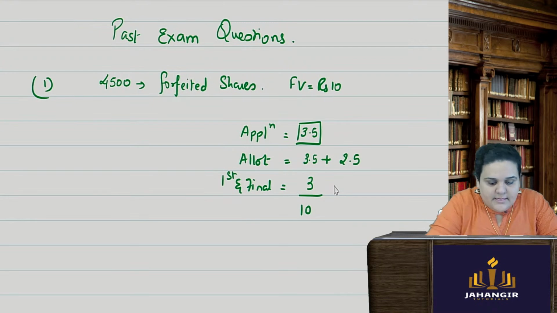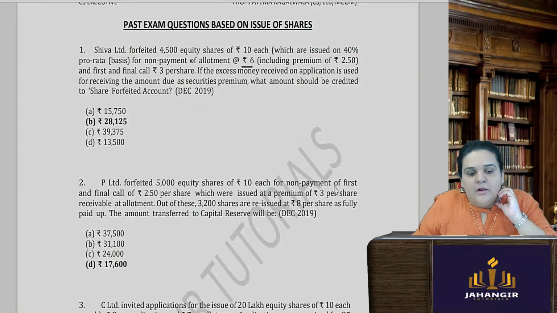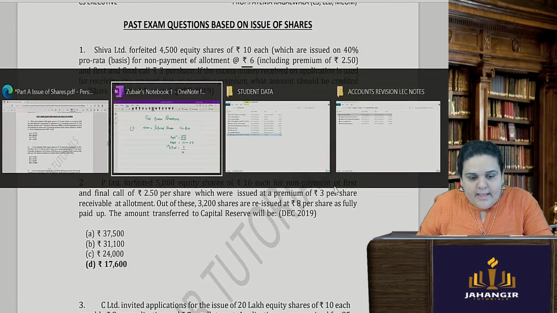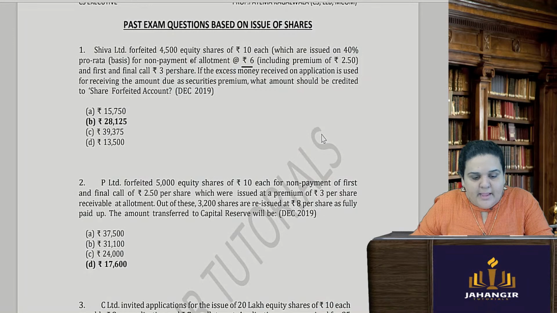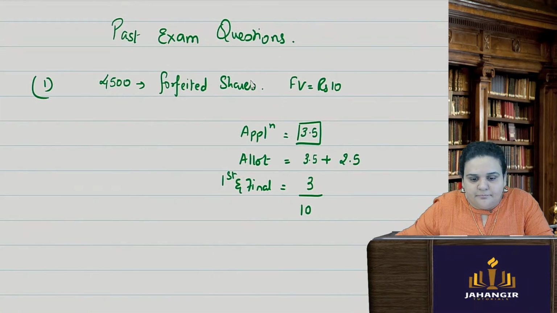Now they are saying that the allotment was done on 40% pro rata and there is non-payment of allotment money. So he paid the application money, and from here all this is unpaid.